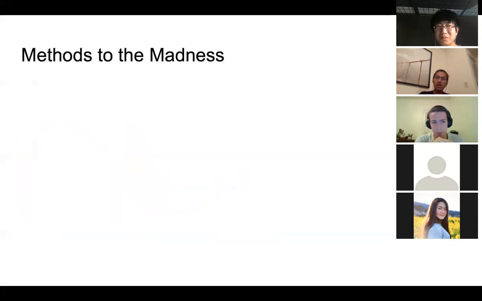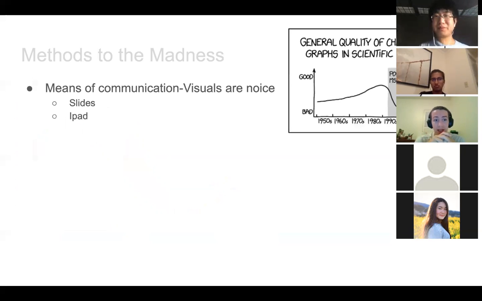So after this, there's a couple of general methods that you want to implement while you're assembling the material and as you're planning out how your review session is going to go. So, first thing is going to be your means of communication, right? How are you going to communicate the general ideas and remind students of the concepts? In general, the best way to do that is with visuals.